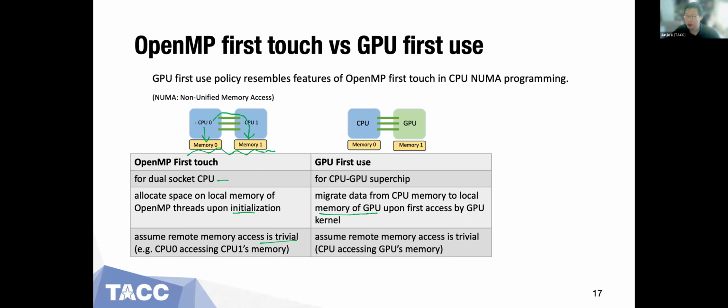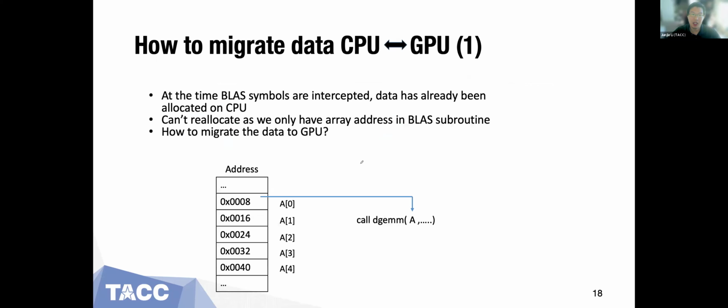Now we know how we should move our data, but how do we migrate the data from the CPU to GPU? Because when we are in the BLAS call, all those matrices have already been allocated. So here I have a diagram showing you what happens for a function call.